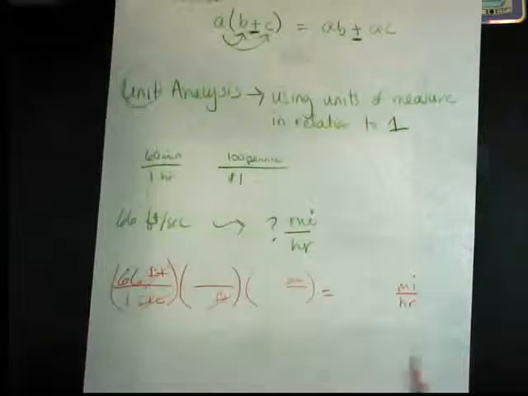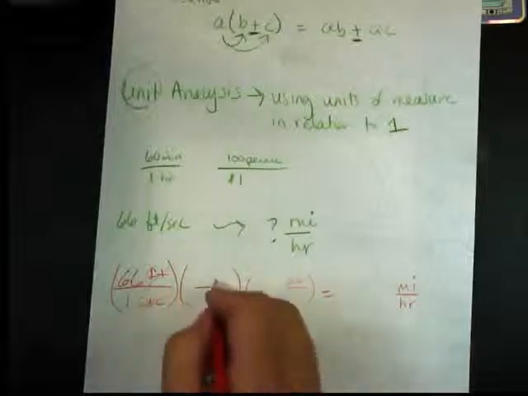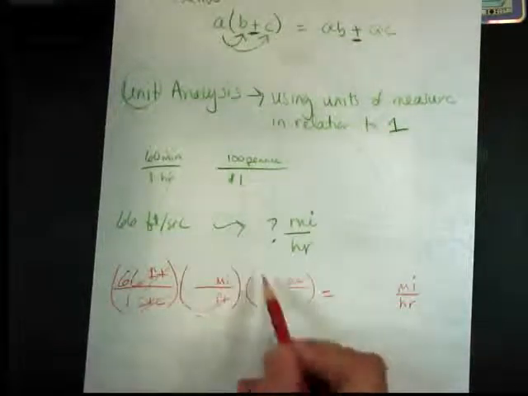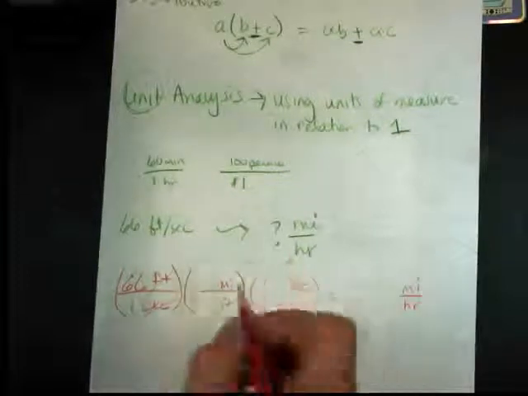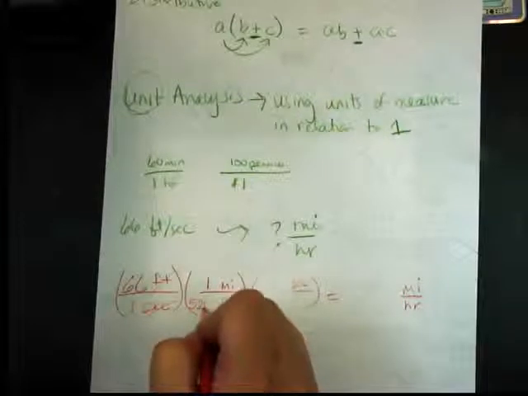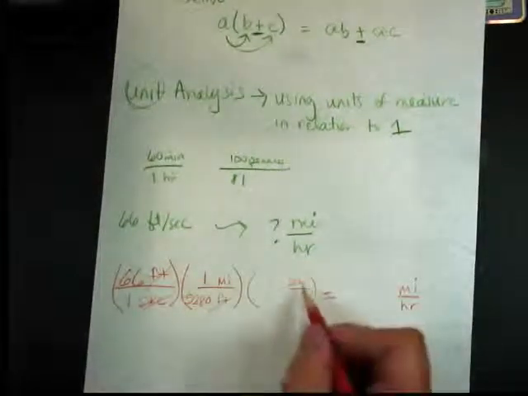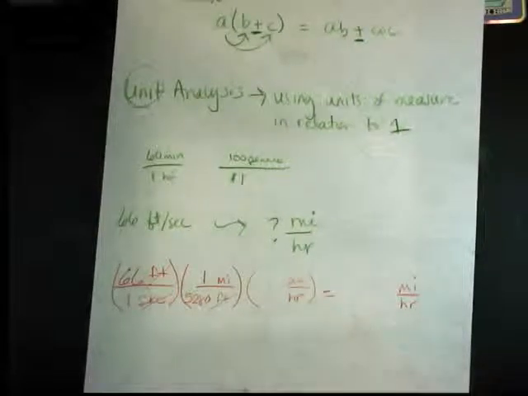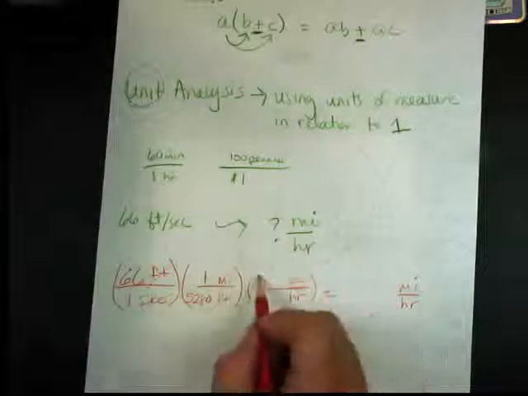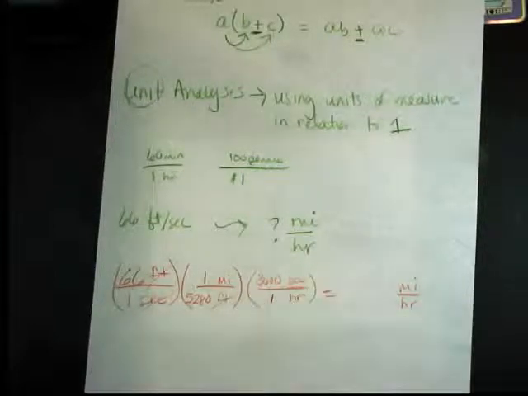So when I'm looking at this, that means miles needs to be on top, which means it goes with my feet conversion. And we should know this unit analysis here, that it is 1 mile to 5,280 feet. And then I have seconds are going to be to hours. And hopefully we know that there are 3,600 seconds in 1 hour.